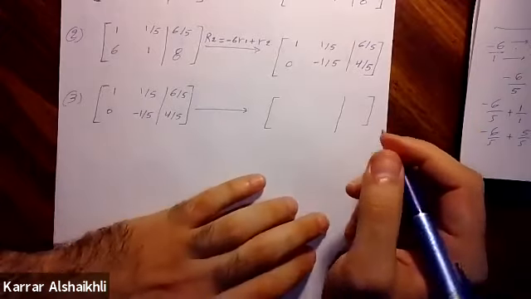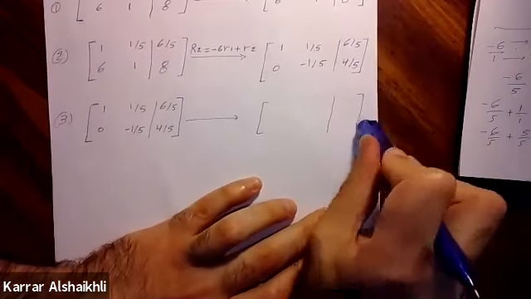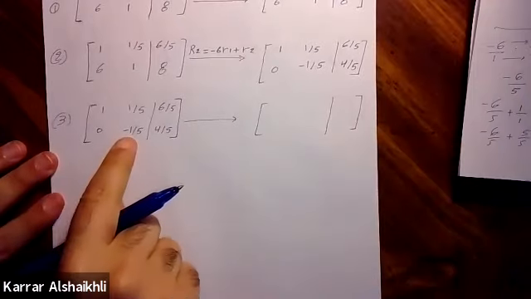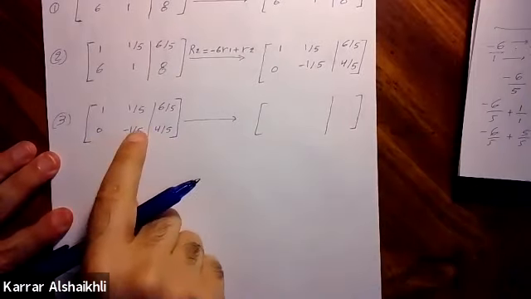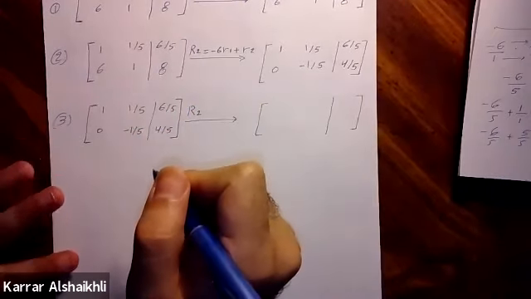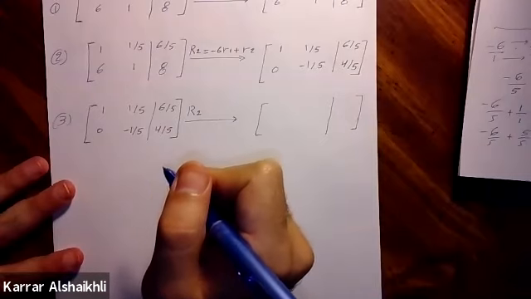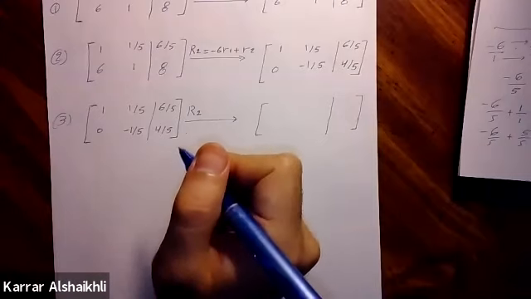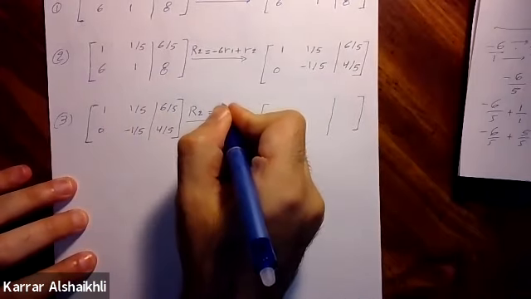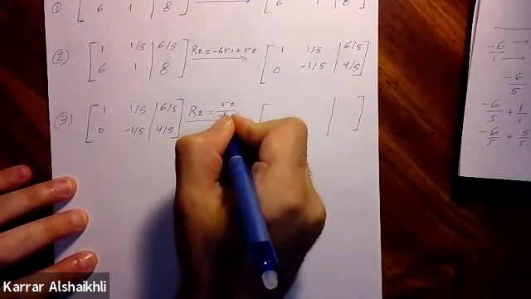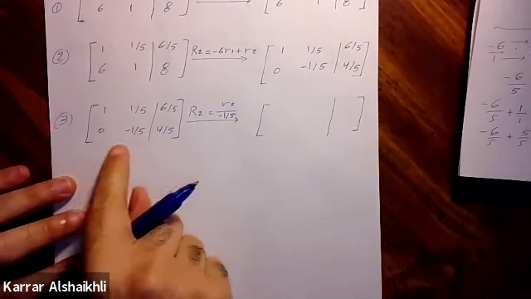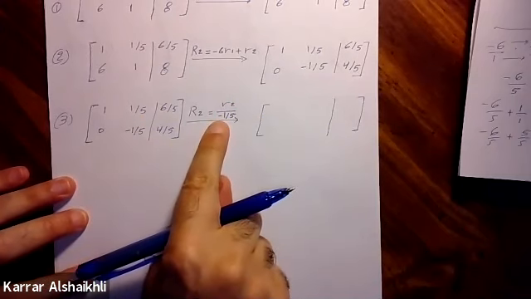You're going to divide row 2 by this number. So that means I'm going to get a new R2, by dividing the whole R2 by this number here. So it's going to be R2 divided by negative 1 over 5.